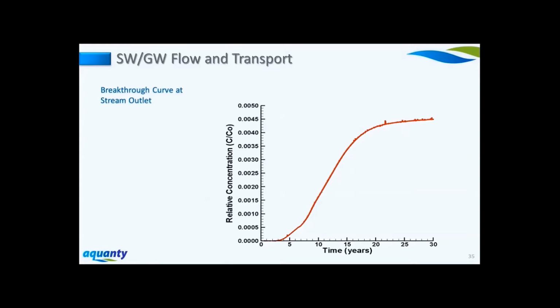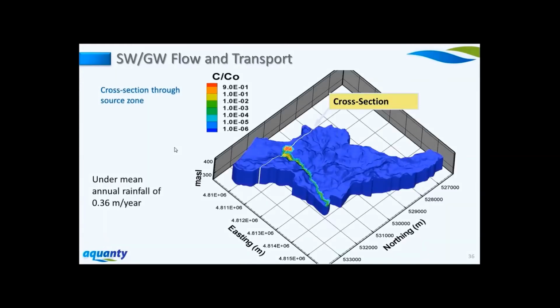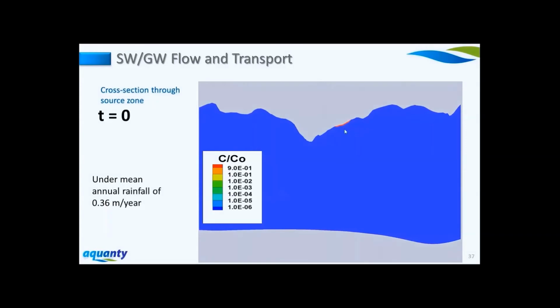But what's very interesting from the groundwater surface water interaction perspective is how that contaminant moves through the subsurface to get to the stream. So now we're going to look at a cross section through this model domain where we have the patch source shown on the surface, and then over time we will see how that patch source migrates through the soil profile and gets into the shallow groundwater system and then ultimately out into the stream.